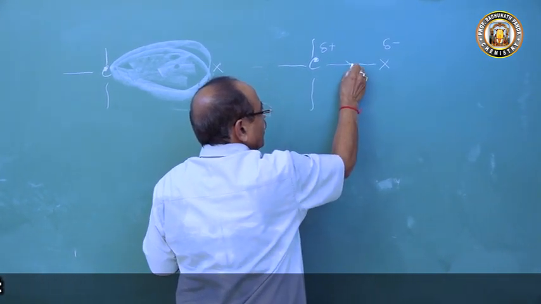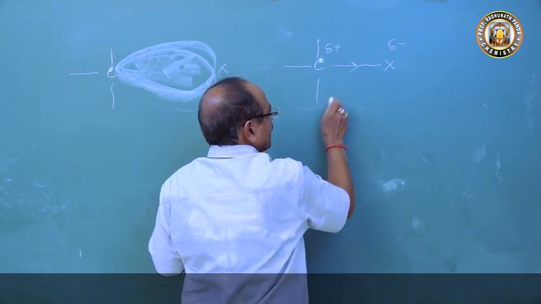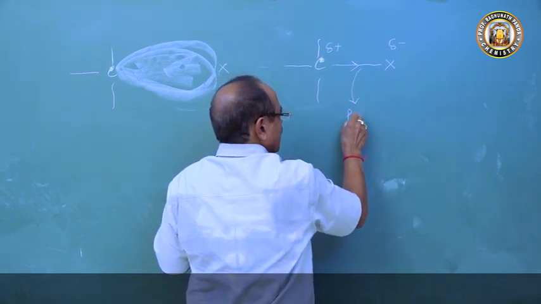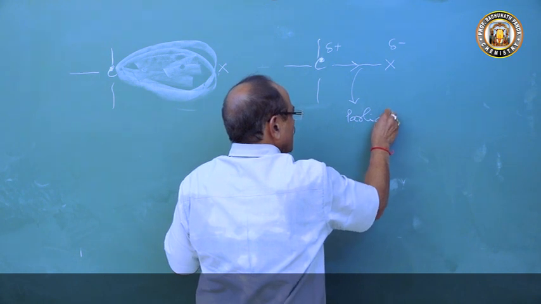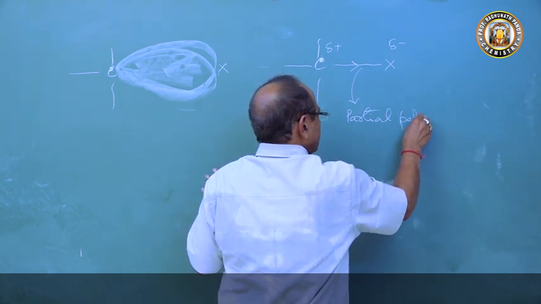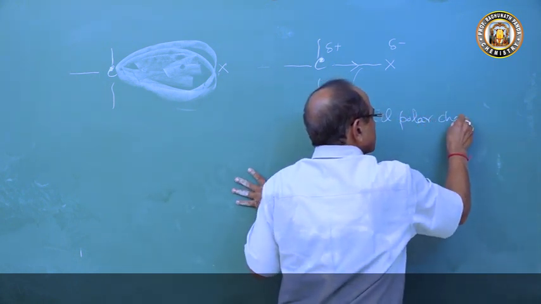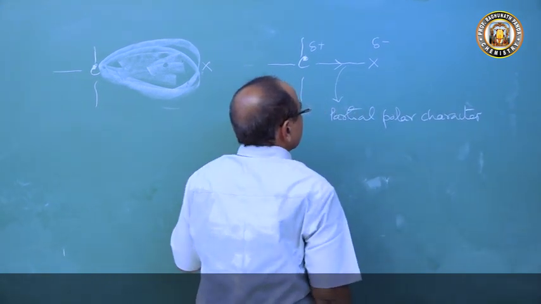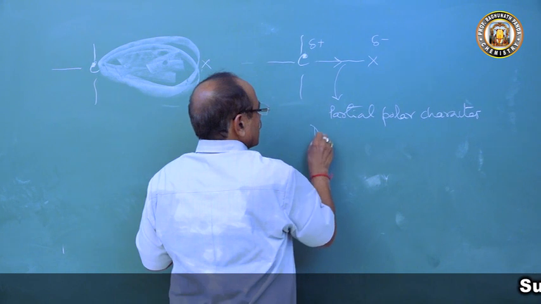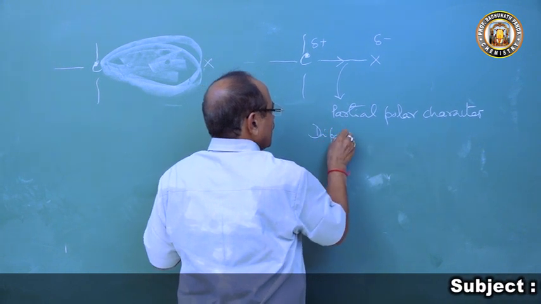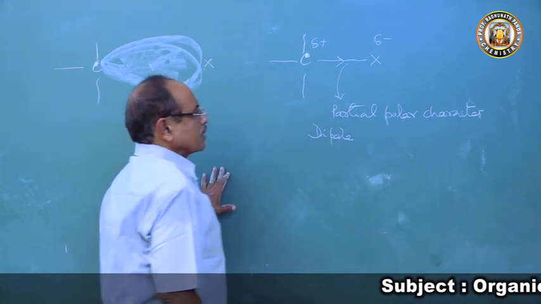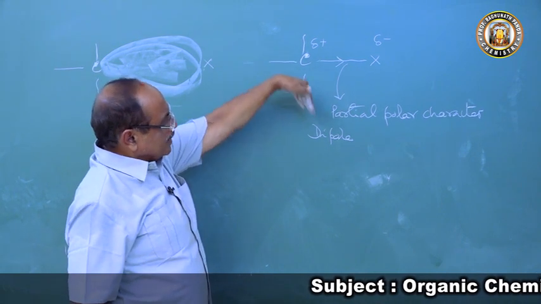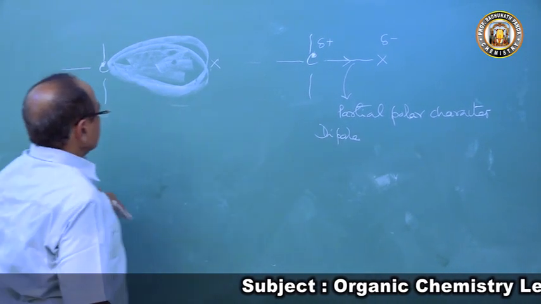The covalent bond exhibits partial polar character, which means it is susceptible to undergo cleavage, and this molecule behaves as a dipole. So polarity is induced into the molecule.